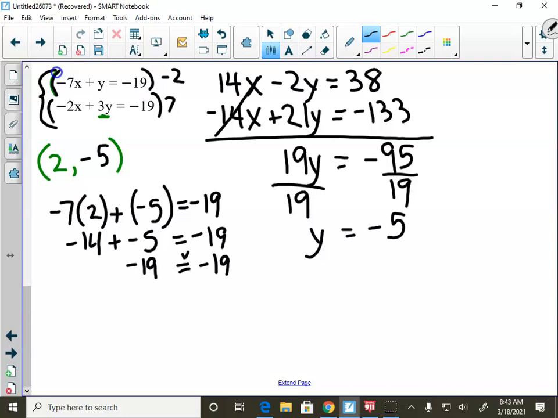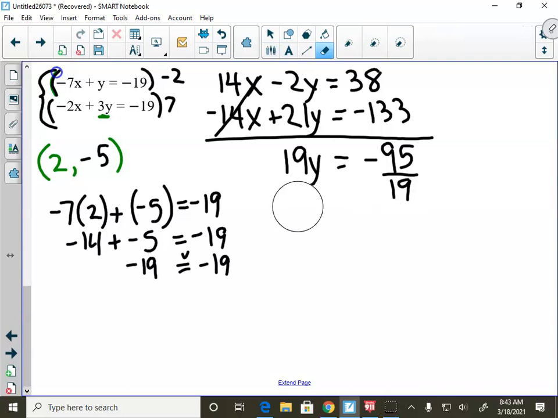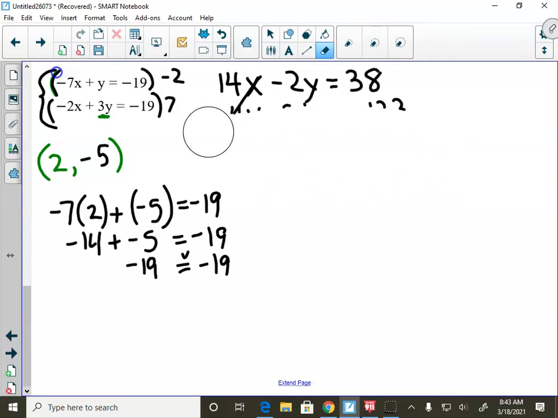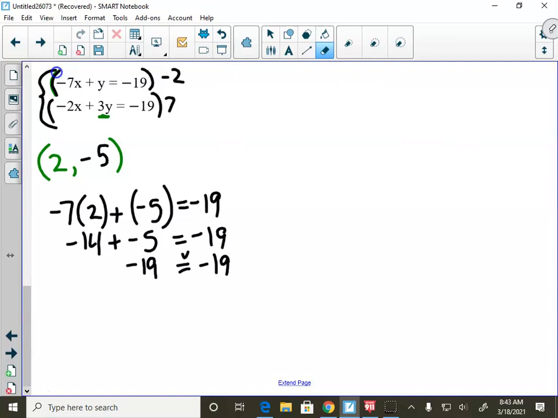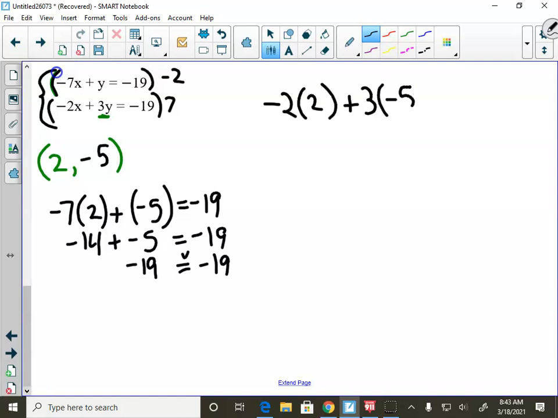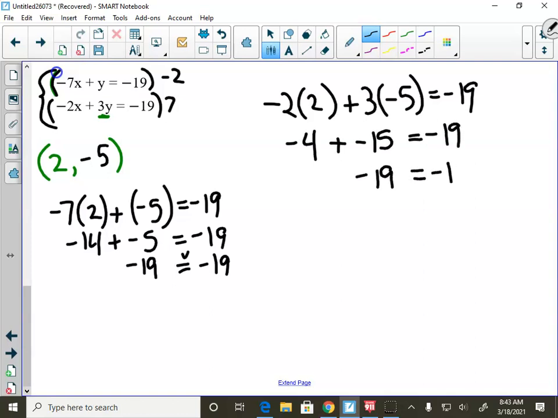And then if we check the second equation, I should end up the same way. So I have negative 2 times 2 plus 3 times negative 5 is equal to negative 19. So negative 4 plus negative 15 is negative 19. And negative 19 is equal to negative 19.